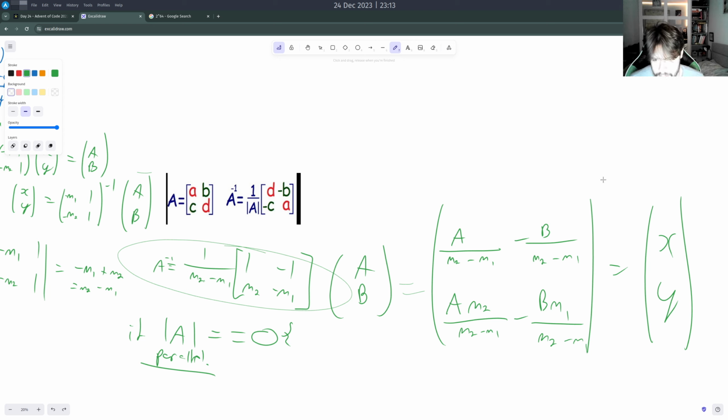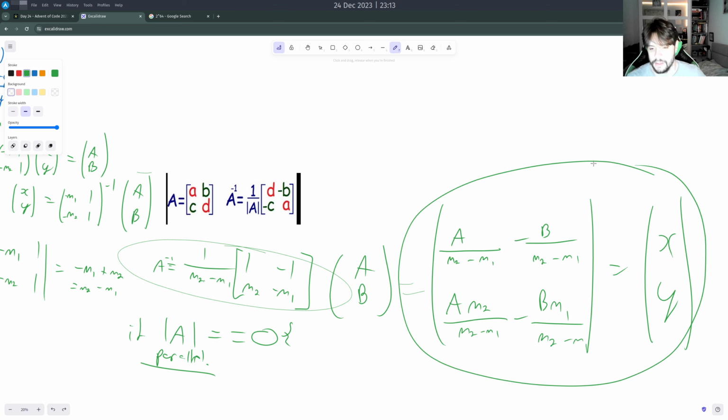Yes, so this is actually exactly what x and y is. So, there's a lot of stuff.